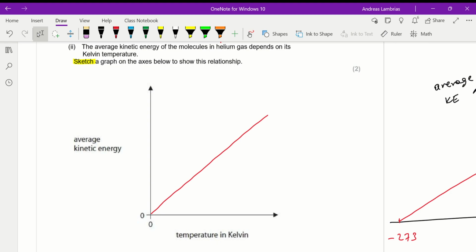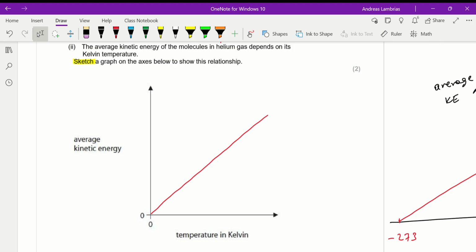And why is this happening? Remember that when we're boiling something, we're providing heat, therefore that heat turns into kinetic energy. So as I increase the temperature, I have more kinetic energy, and this is a proportional relation. As one increases, the other increases in a linear way. And the other way around, if I'm cooling down something, that means I'm removing the kinetic energy from the particles.